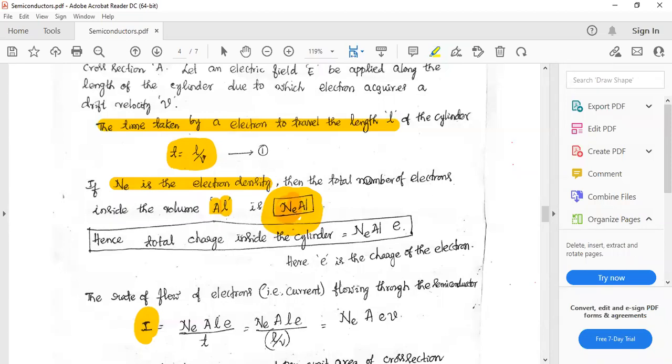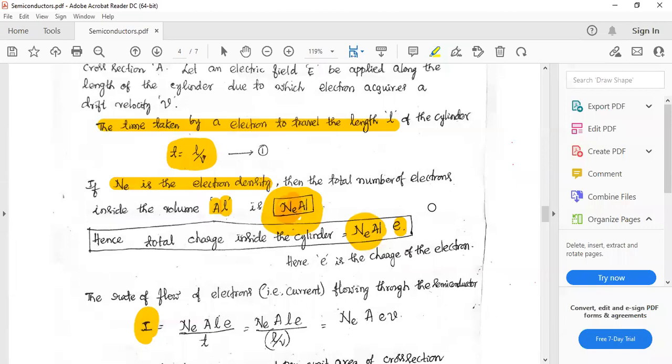Now, if I ask you the question, what is the total charge inside the semiconducting material? The total charge inside the semiconducting material is the number of electrons into charge of each electron, right? That will give the total charge inside the semiconductor. NeAL gives the number of electrons, into charge of each electron, that is e, will give the total charge inside the cylinder.